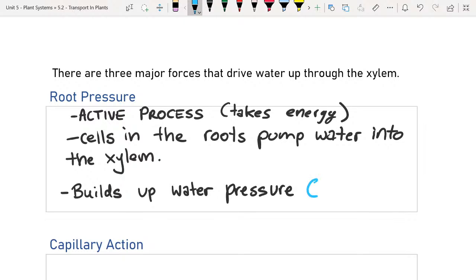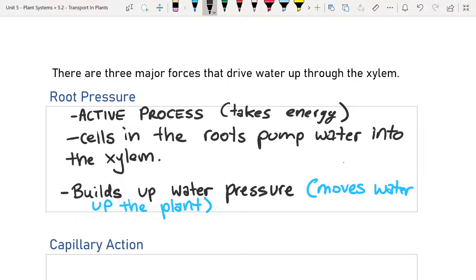And the pressure is going to move the water up. So that is the first factor that makes xylem flow work.